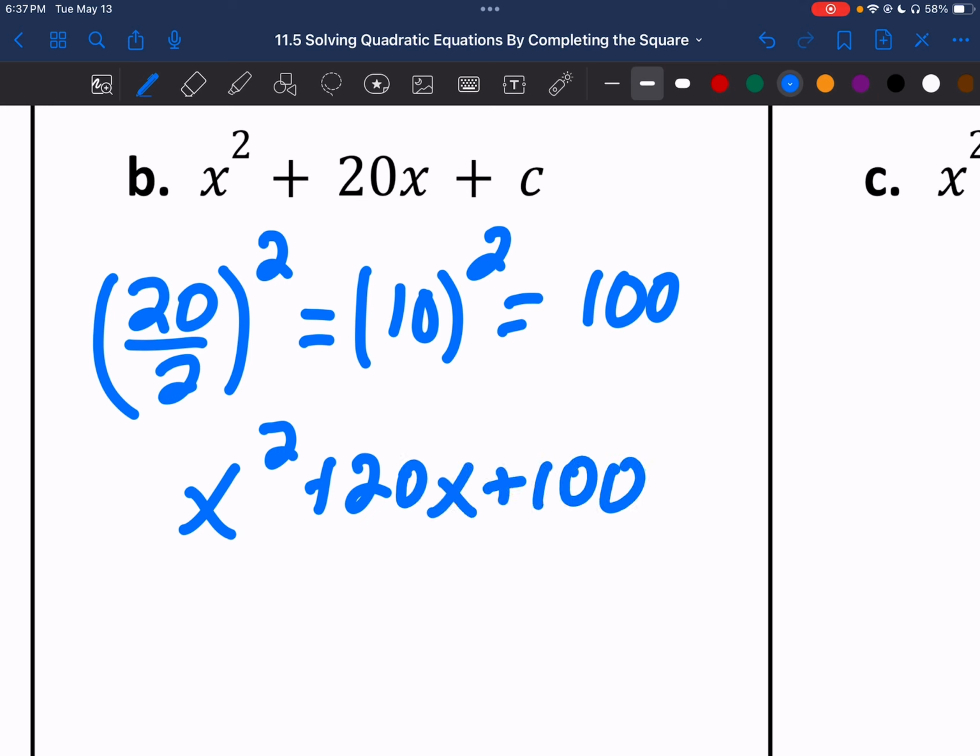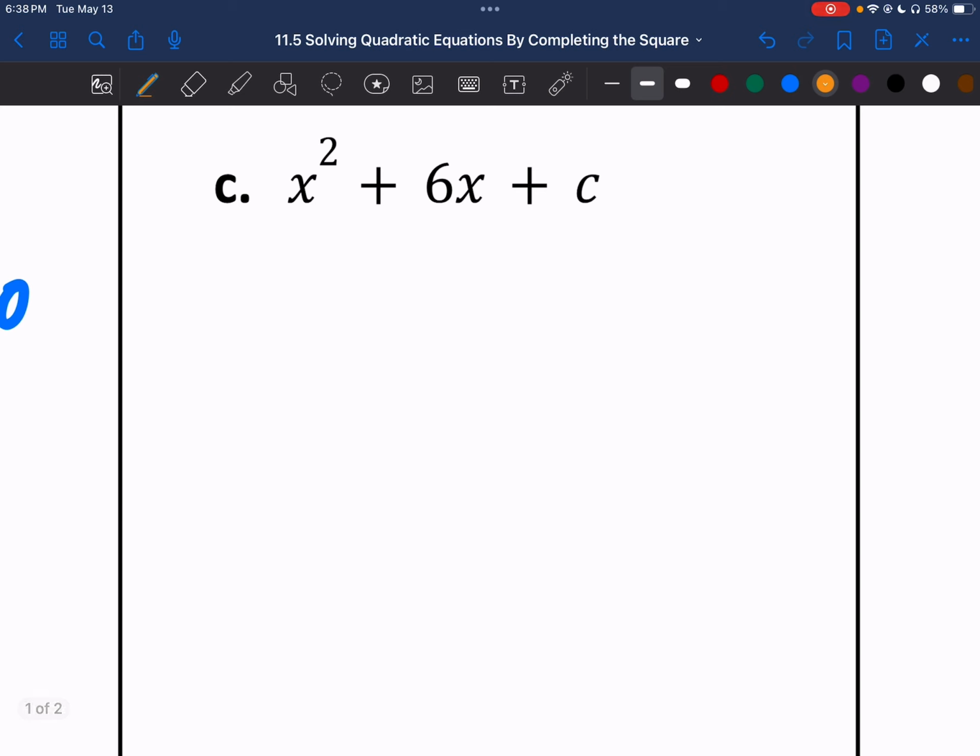So what are my factors of 100 that add up to 20? x plus 10, x plus 10. 10 plus 10 is 20. So it's x plus 10, the quantity squared.